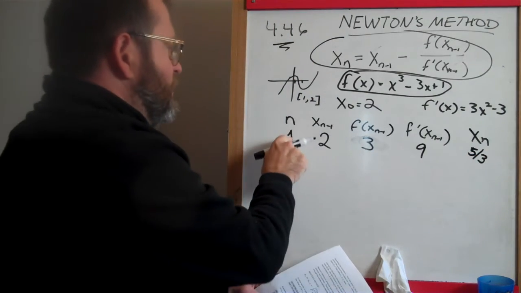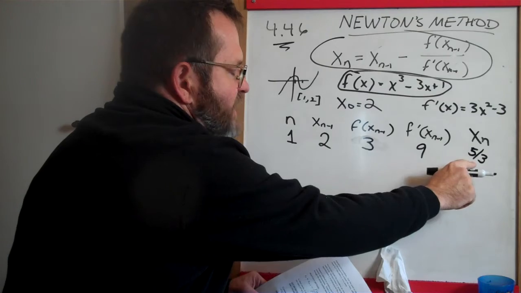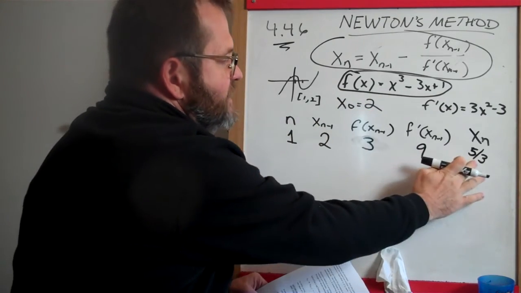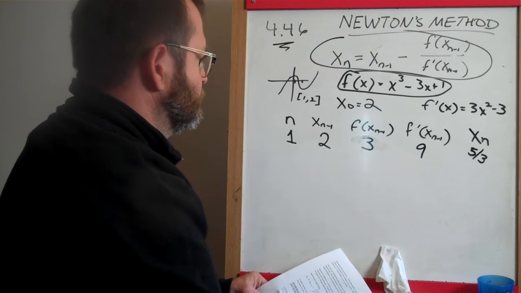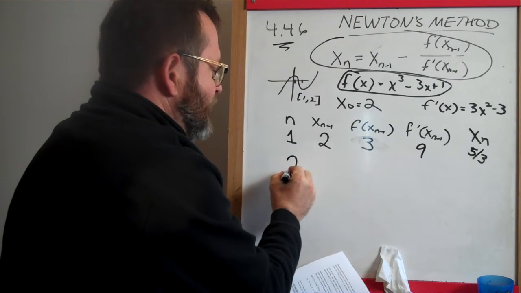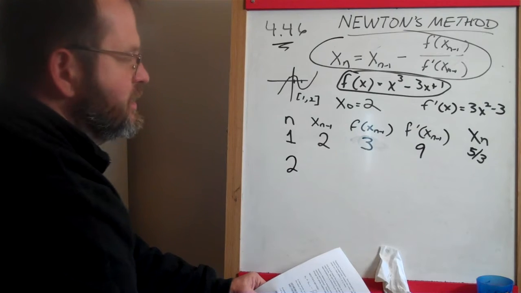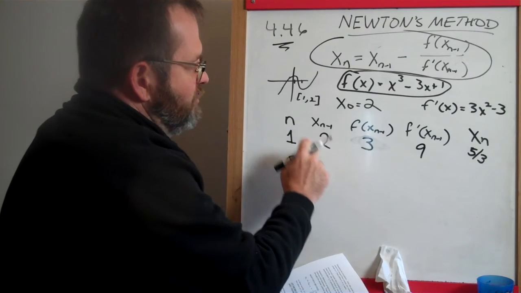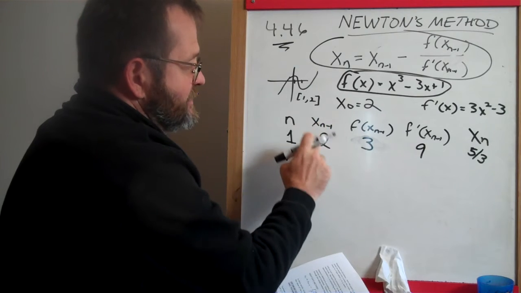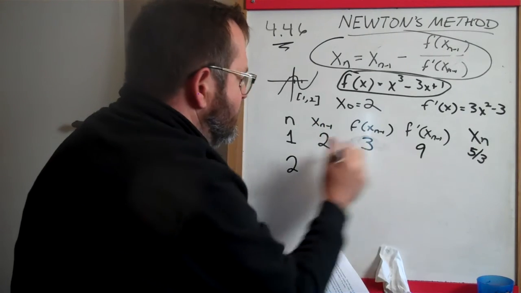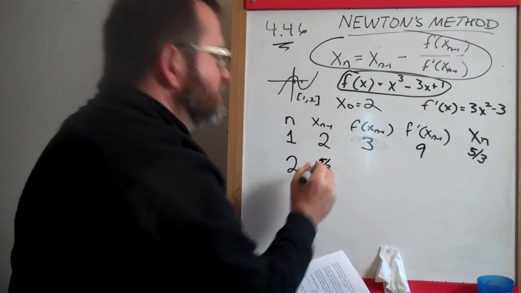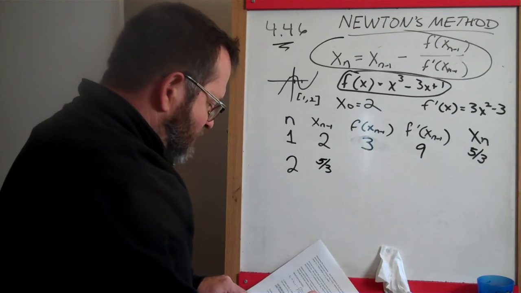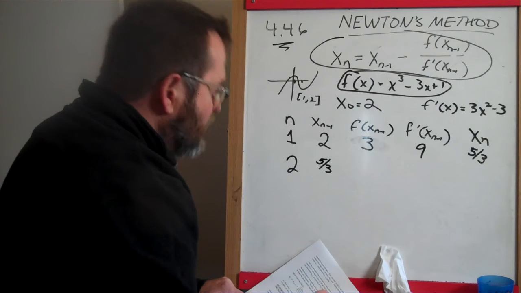So when n is equal to 1, x of n, our first guess, we had a 0th guess of 2, is now 5/3. Let's make our second guess. To make n equal 2, that means this column will be x of 2 minus 1, or x of 1. Well, that's the one we had right here. It's 5/3. We'll work through it on the bottom of page 2 here.